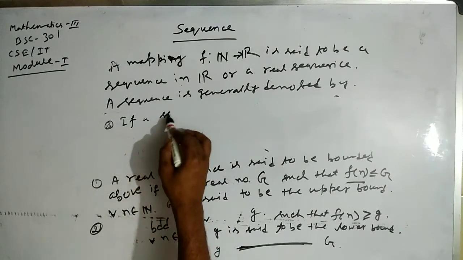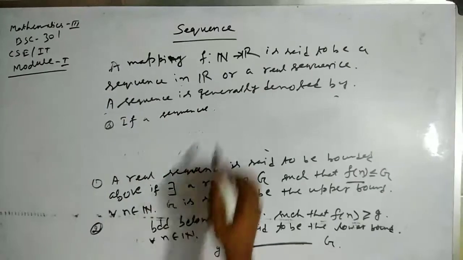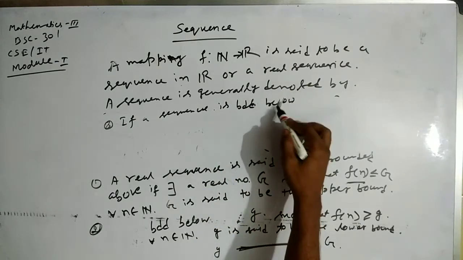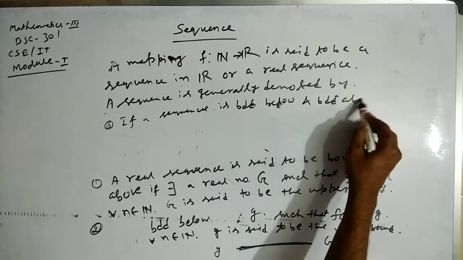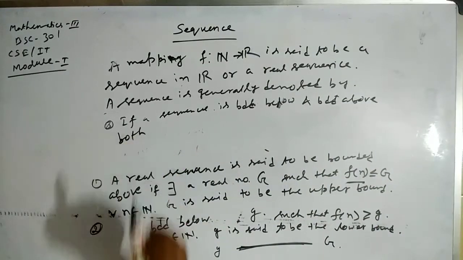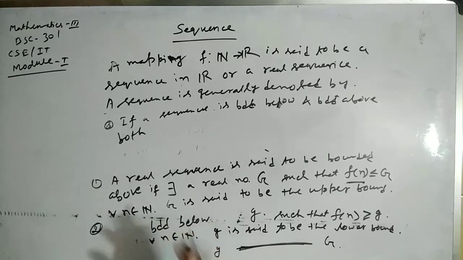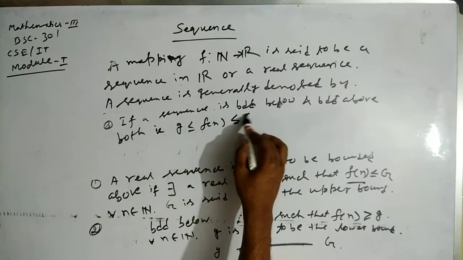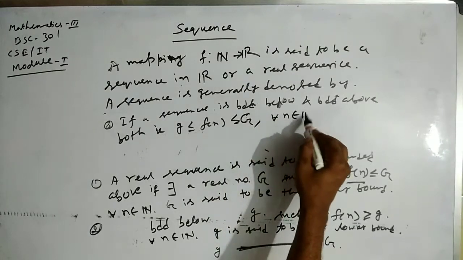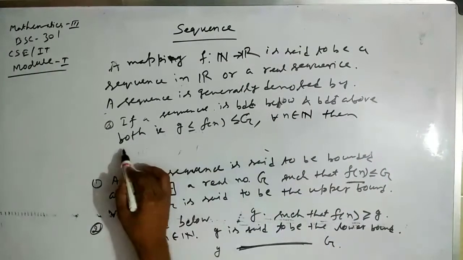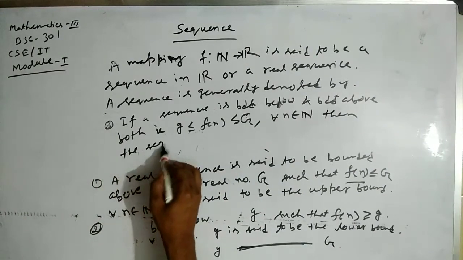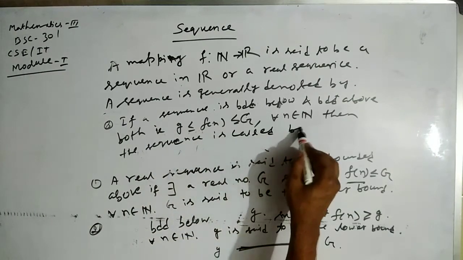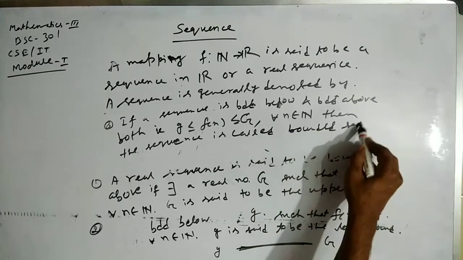So if a sequence is bounded below and bounded above both, that is, small g and capital G both exist, that is, small g is less than or equal to Fn, which is less than or equal to capital G for all n belonging to the natural numbers, then the sequence is called a bounded sequence.